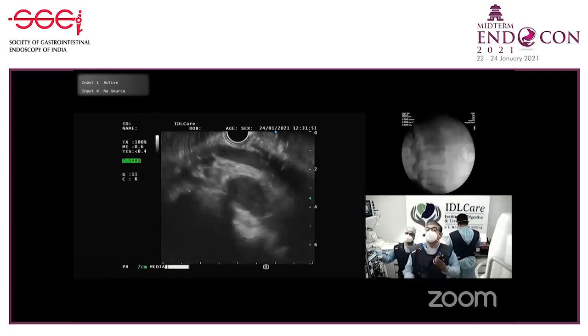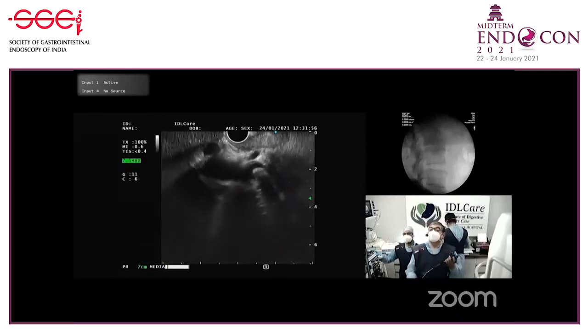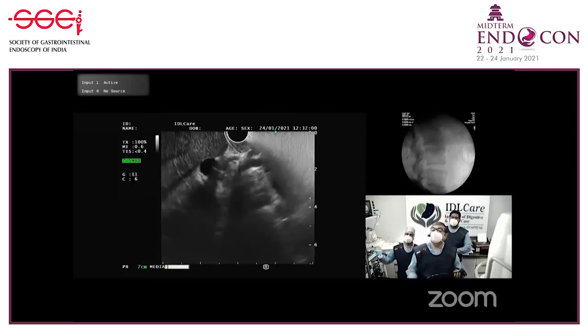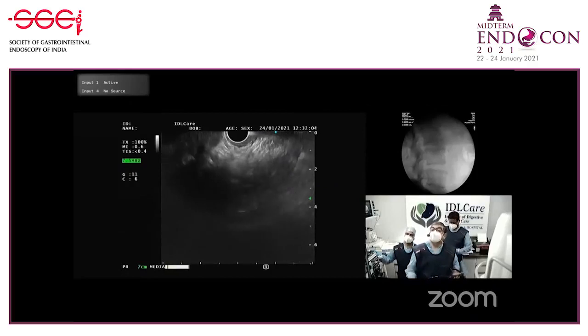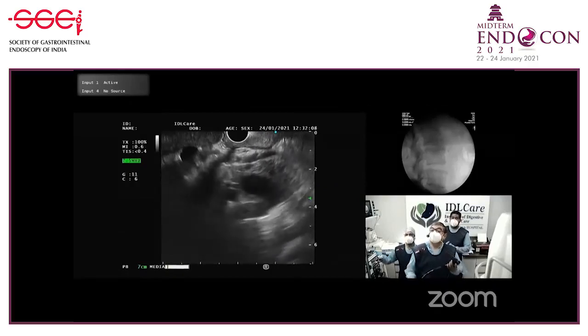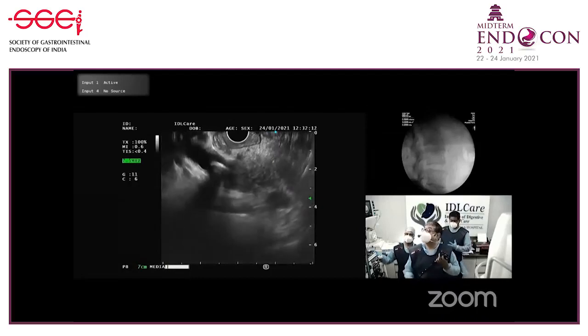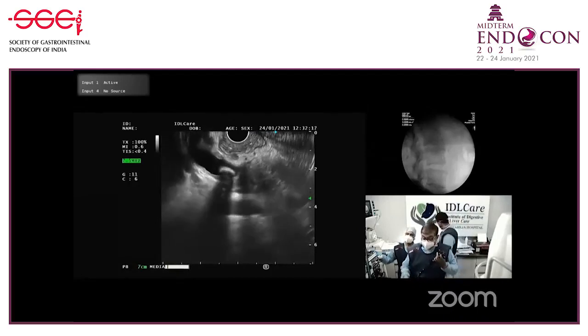So what I am planning to do is see if I can show you just the passage of wire via rendezvous, and then do a cholangiogram, ERCP, so that probably you need not see the ERCP part because we have, I think, only about 10 minutes left. Can we turn the patient flat?